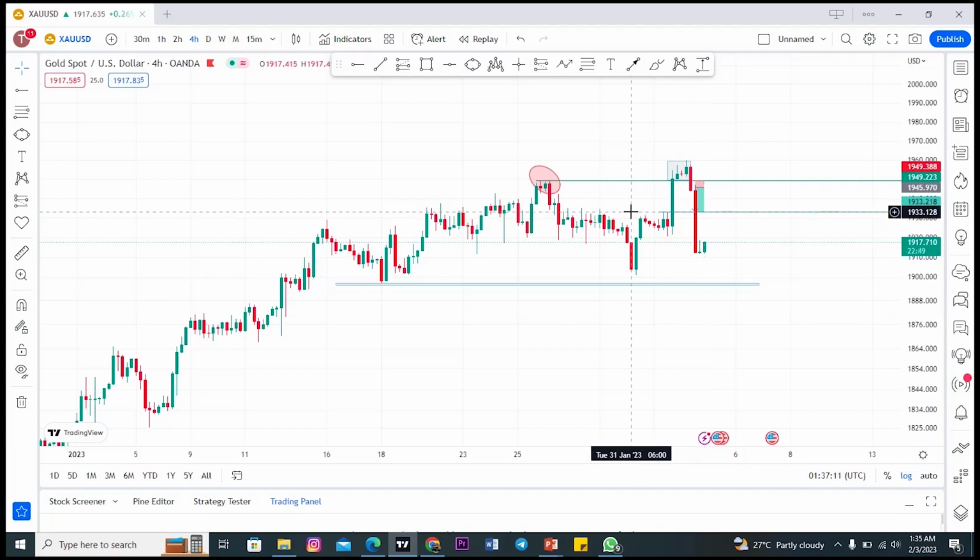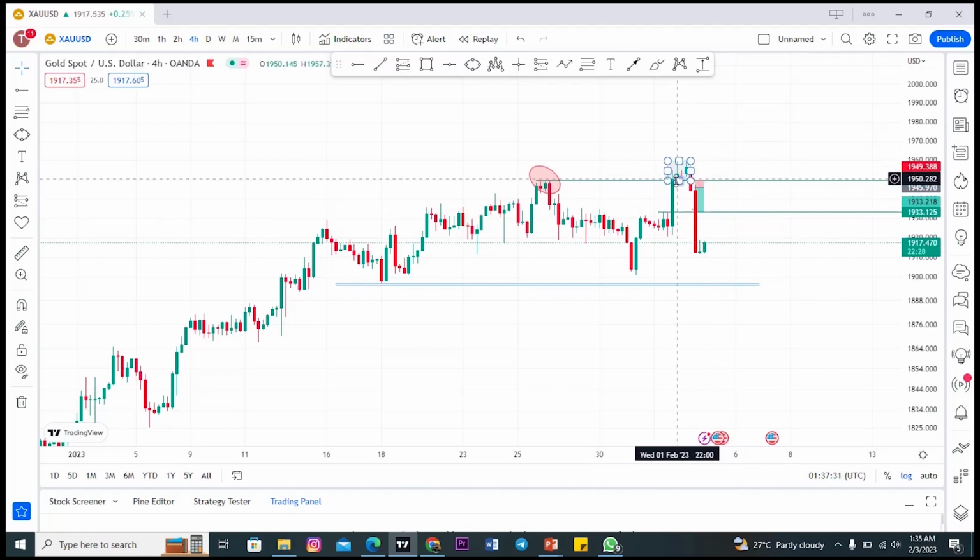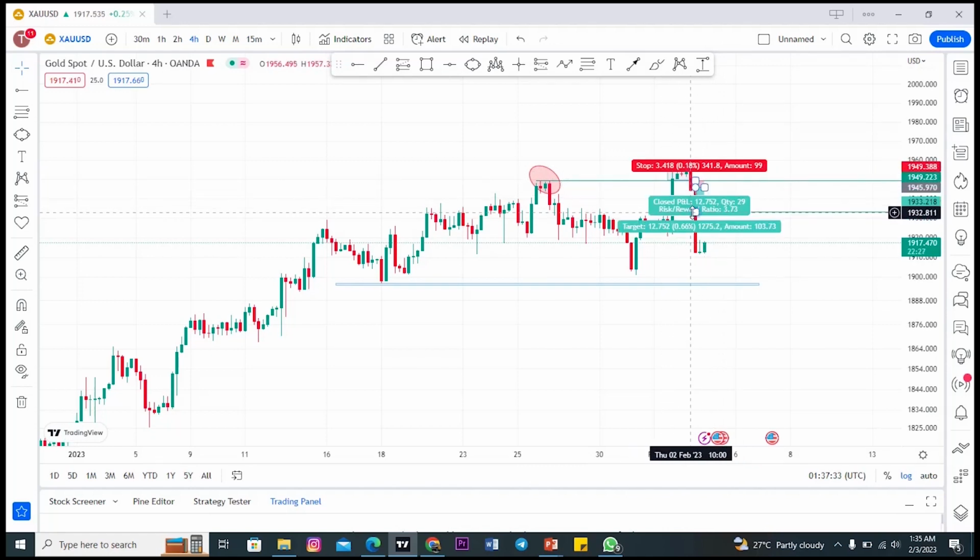So you can see on the higher time frame, like the 4 hour time frame, price rejected at this point and pushed all the way to the downside and is now retesting it once again. Because it is a higher time frame, it is highly anticipated that price may fall.